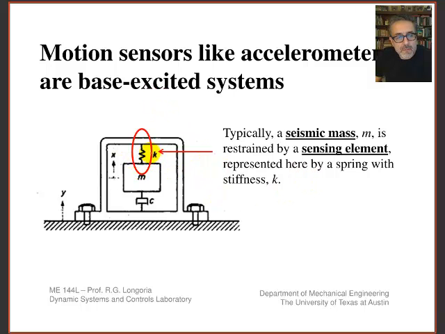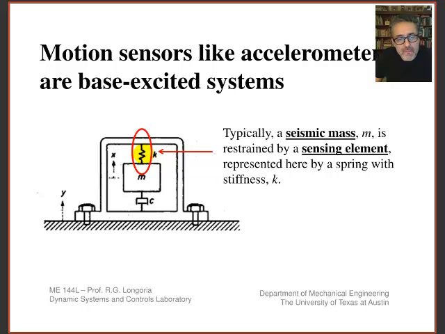The important thing to keep in mind is that this mass is suspended within the case by a combination, and we model it as a stiffness and damper. It's not necessarily physically made with little springs and dampers, but usually this stiffness element is also what's being used to actually sense the acceleration. So it's important to keep in mind we're going to be talking about deflection of this spring.